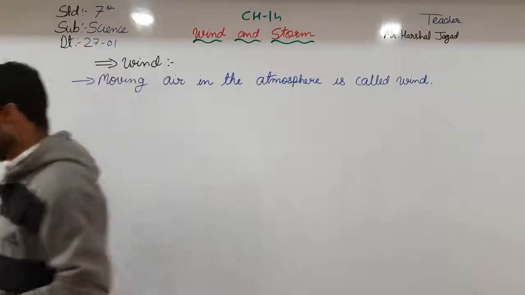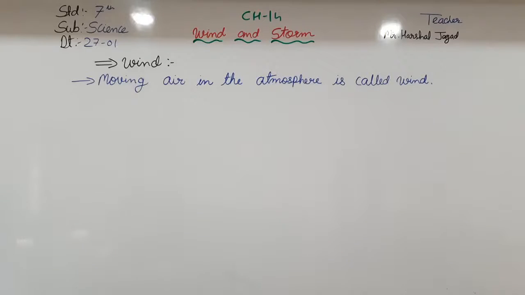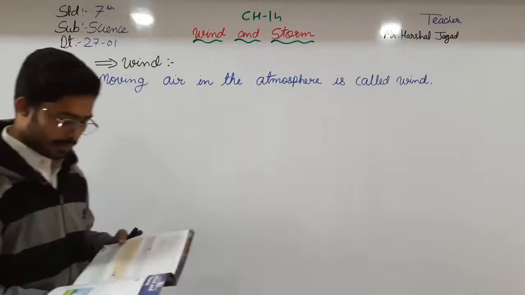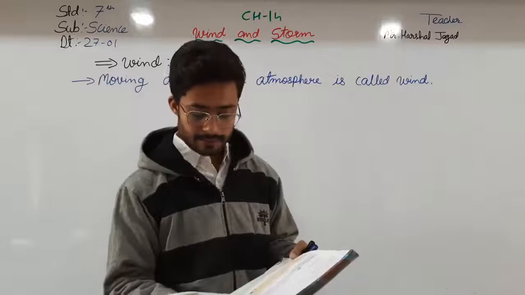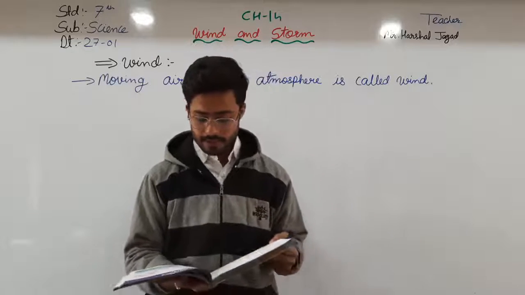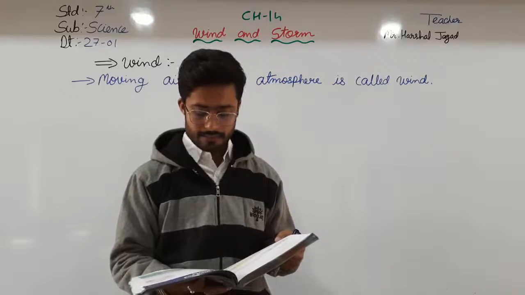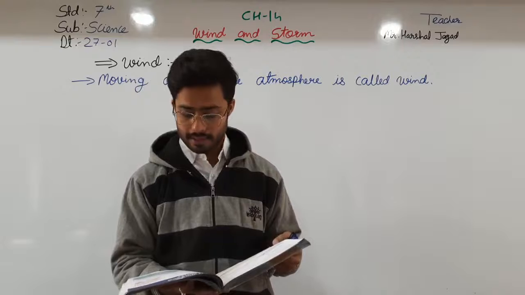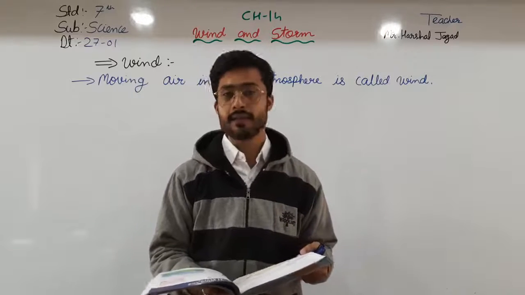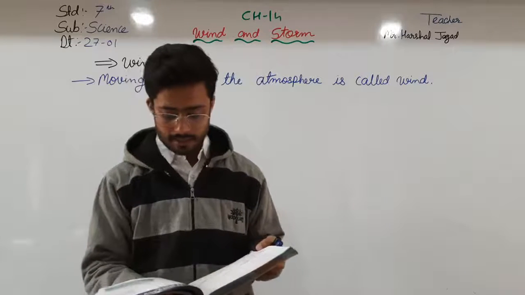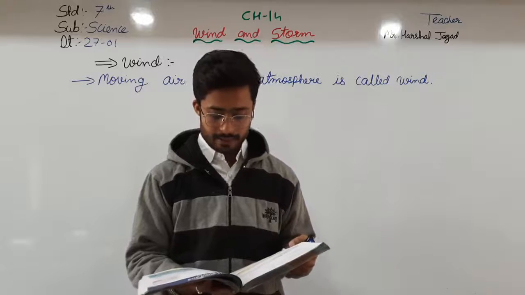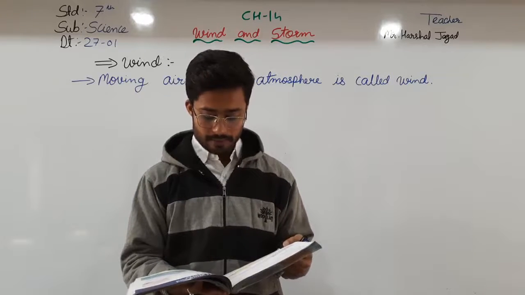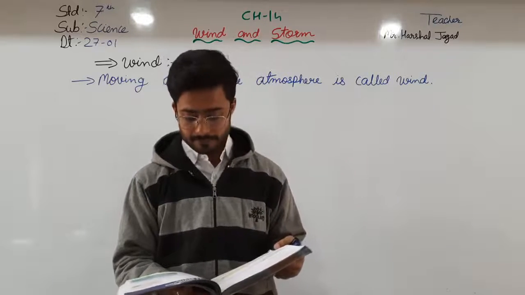The uneven heating of the earth is also responsible for the monsoon winds. Monsoon winds are seasonal rain-bearing winds that blow from the southwest in summer and the northeast in winter. They are closely related to the heating and cooling of the earth's surface.